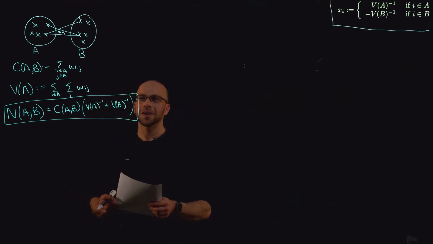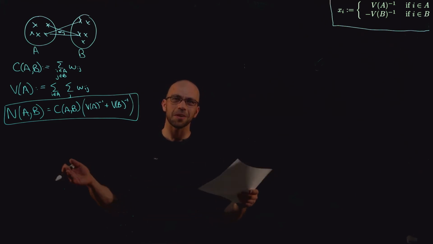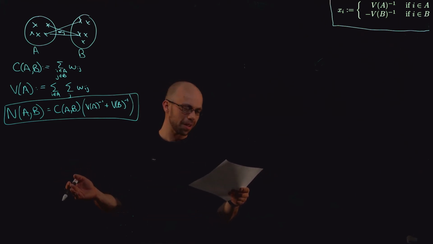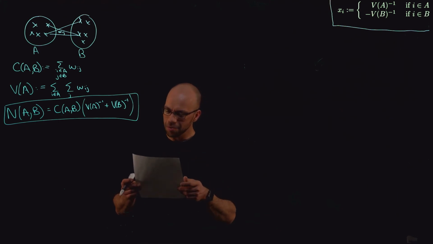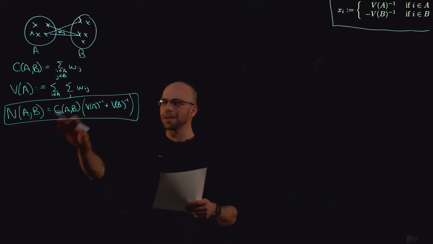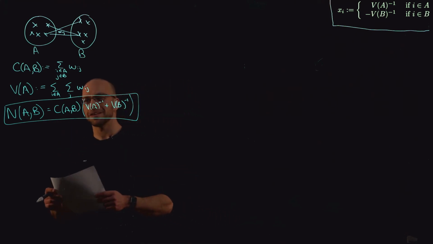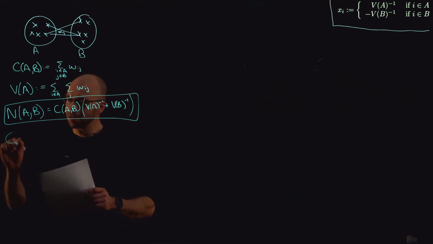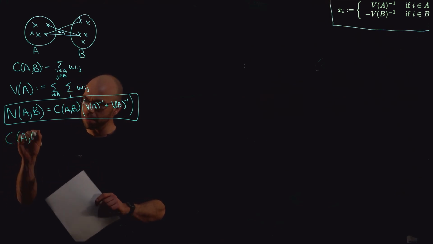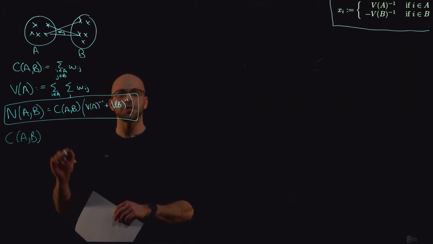Now, one thing that I think we've found out a few times in this course is that least squares problems are easier than general optimization problems. So one thing that I can do is try to make the normalized cut score look a little bit more like least squares. In particular, I'm going to compute a slightly different value, which is the cut of A comma B. But I'm going to screw up my normalization a tiny bit and then show how to fix it.